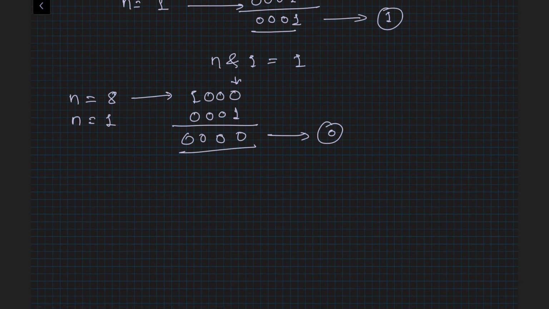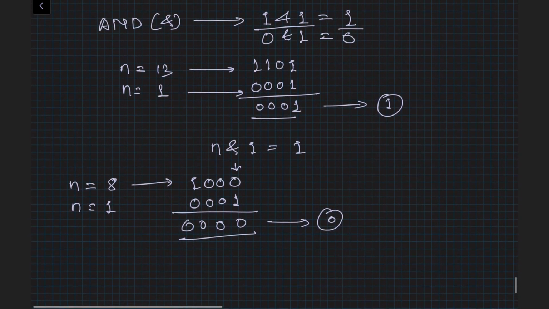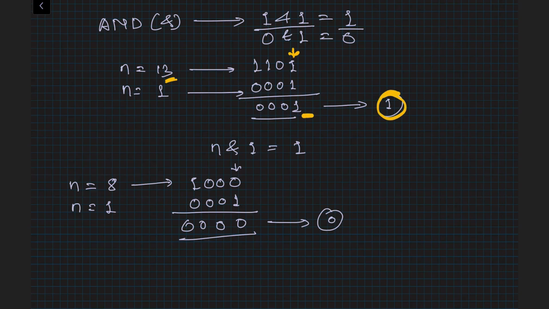Okay, so from these two observations we can say that if a number's last bit is a set bit, and we do an AND operation between these two numbers, then it will result in 1. And if there is any number whose last bit is not a set bit, and we do the same operation, an AND operation between the given number and 1, it will result in 0.